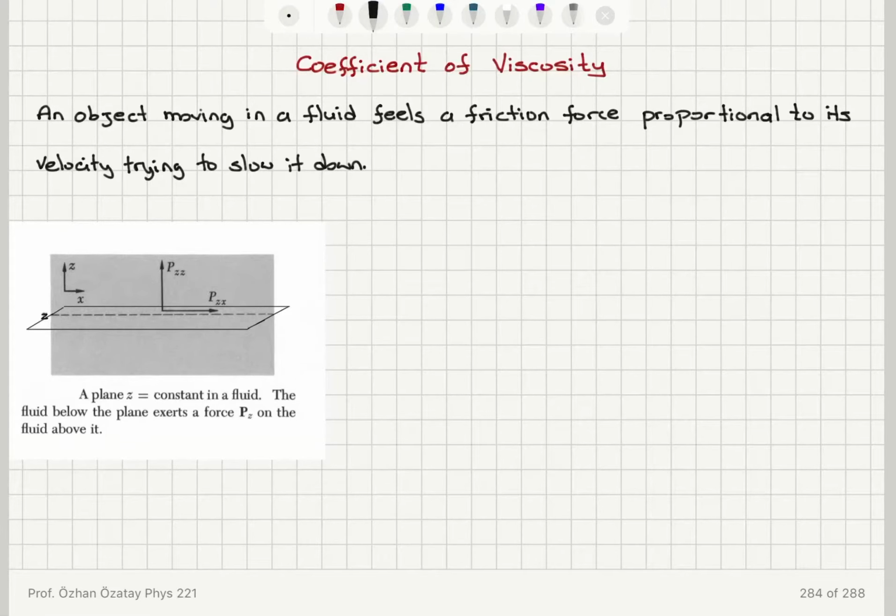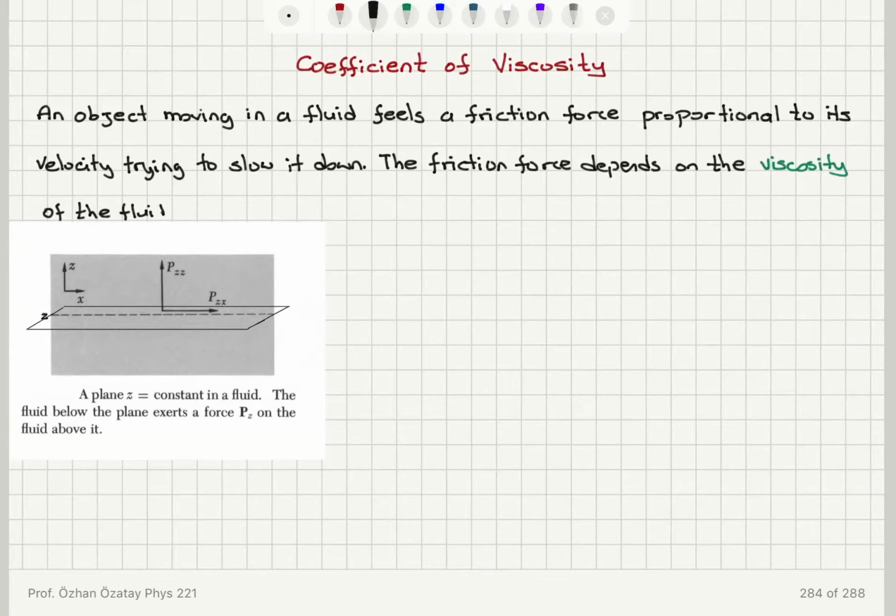And this force depends on a property of the fluid called viscosity. The friction force depends on the viscosity of the fluid.